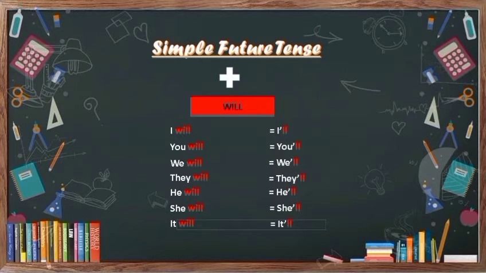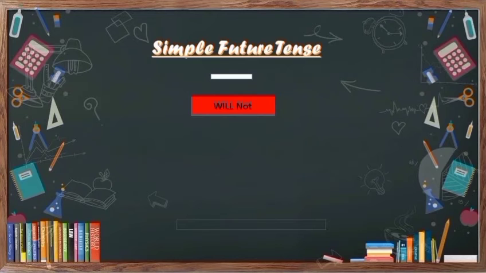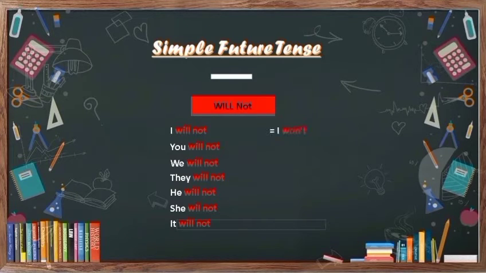And for the negative, we usually use will not, as an example: I will not, you will not, we will not, they will not, he will not, she will not, it will not. For the abbreviation itself, we can say I won't, you won't, we won't, they won't, he won't, she won't, it won't.